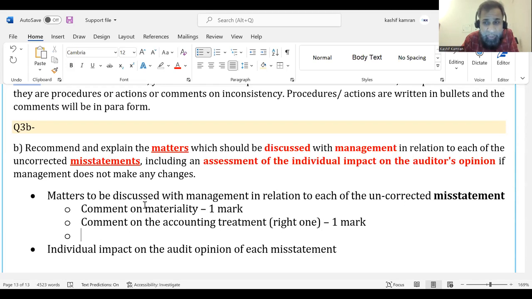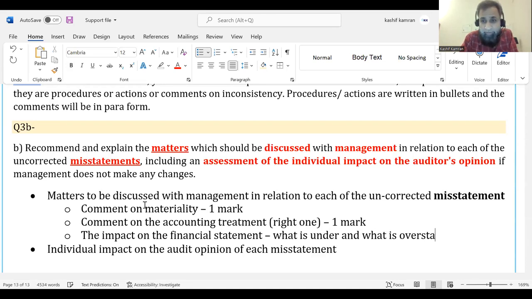Then because it's a misstatement, you tell management the impact on the financial statement, what is understated and what is overstated, because it's a misstatement, right? So you're telling management that currently this is understated and currently this is overstated.